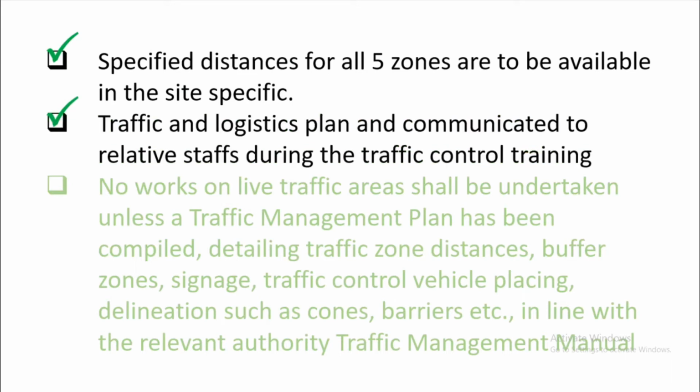Traffic and logistics plans and communicated to relative staffs during the traffic control training. So make sure that all the traffic and logistic plan is communicated to all staffs, including the workers, so that they will strictly obey on this plan.